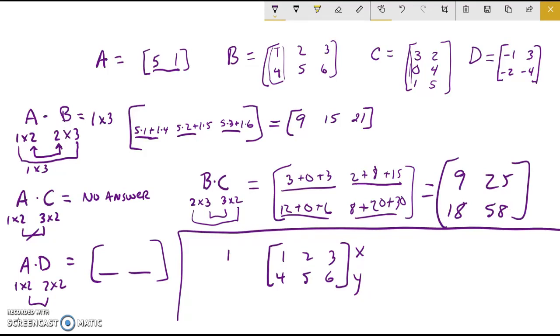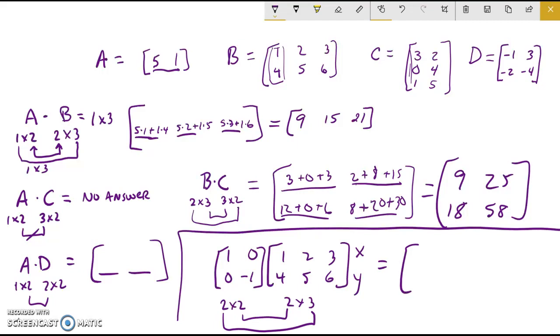Now imagine taking that times this matrix. This is a 2 by 2 matrix. This is a 2 by 3 matrix. It's a match, so we can do it, and what we're going to end up with is a 2 by 3 matrix. So in the end, the size of our answer matrix is going to be the same size as our triangle matrix.